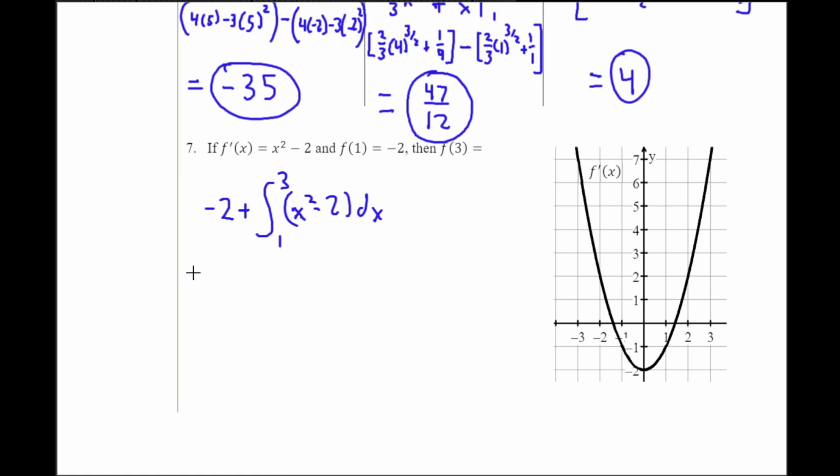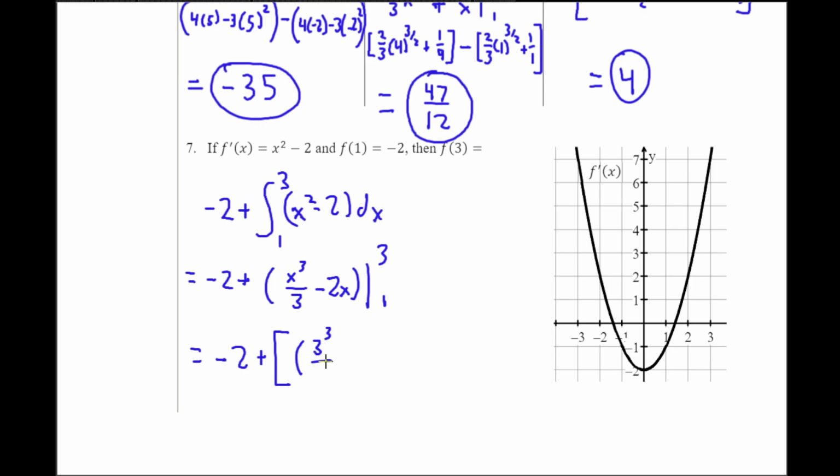If you continue from here, that's equal to negative 2 plus x cubed over 3 minus 2x with the vertical bar from 1 to 3, which is negative 2 plus 3 cubed over 3 minus 2 times 3.